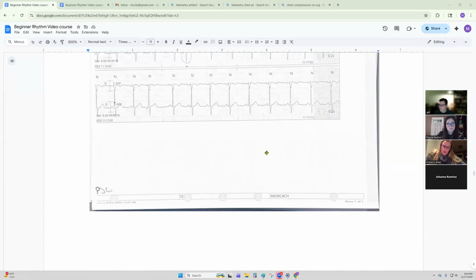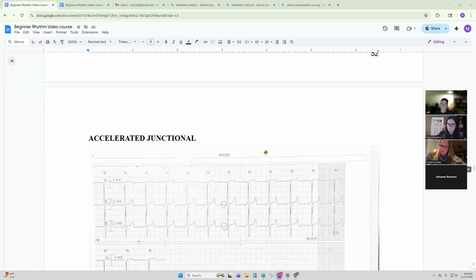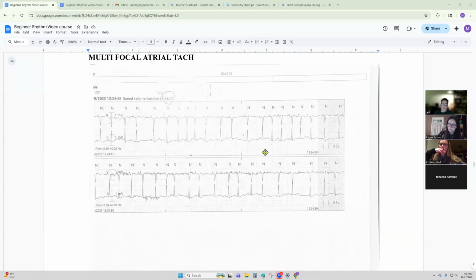So what did we say about multifocal atrial rhythm? Yeah, so this multifocal atrial tach is above 100. And then what's the multifocal atrial rhythm once again? That's below 100.